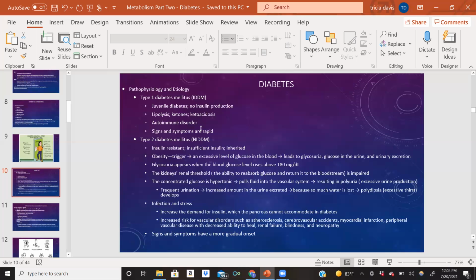They definitely are at risk for peripheral vascular disease. Once they have that disease, they're going to develop those ulcers on the legs, and they're not going to be able to heal. Eventually, we're going to see renal failure. They can lose their sight, and they can develop neuropathy. We're going to talk a lot more about these a little bit later on. And then we said the signs and symptoms have a more gradual onset, whereas diabetes type 1 is very rapid onset.